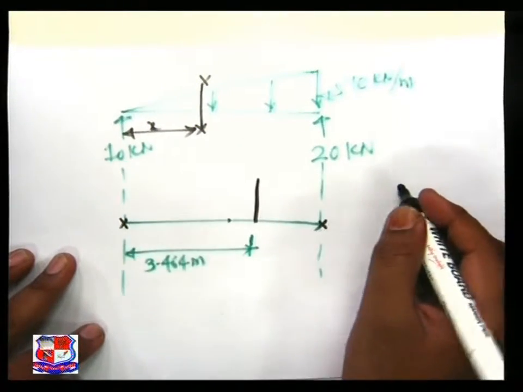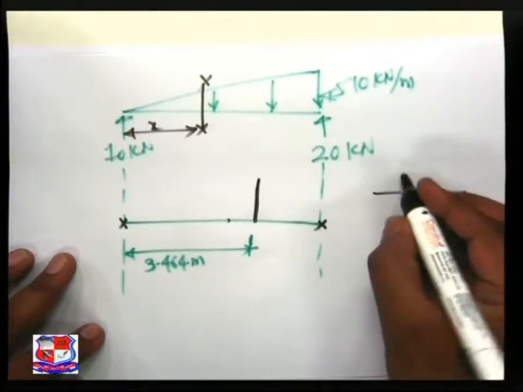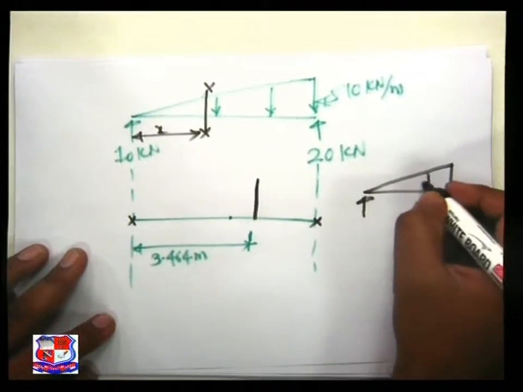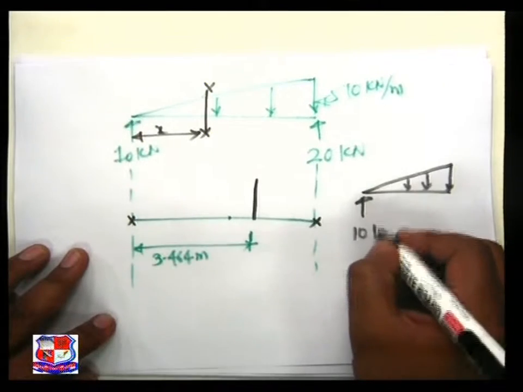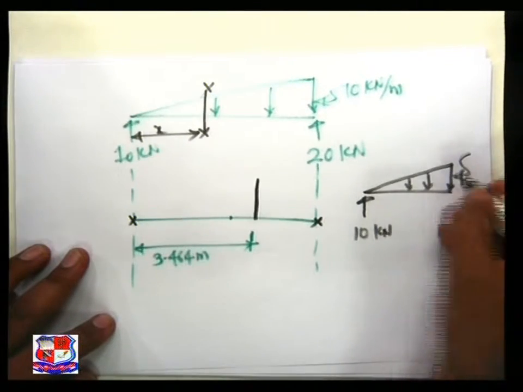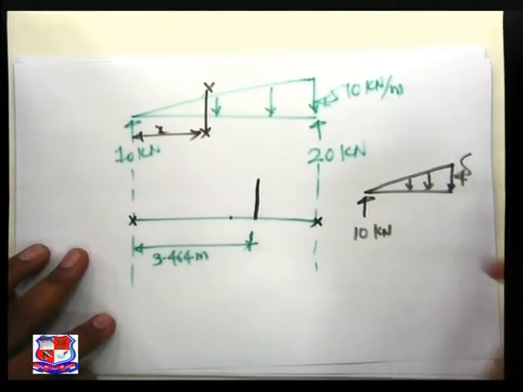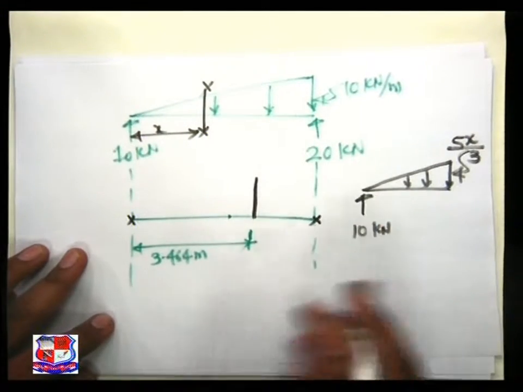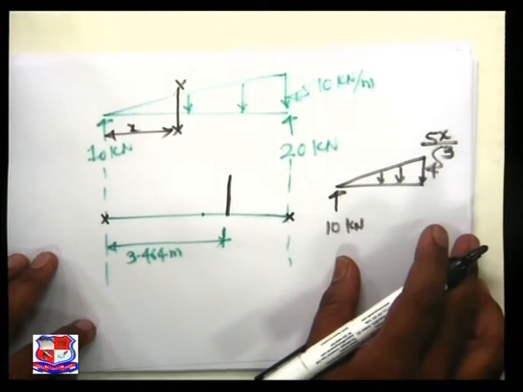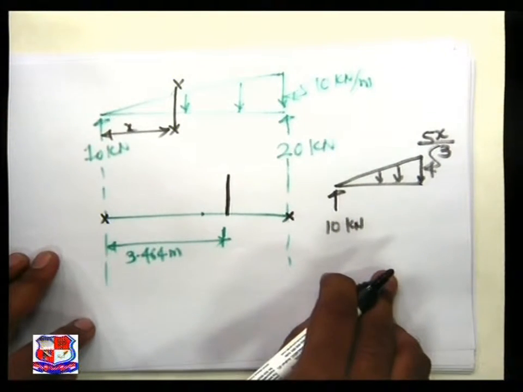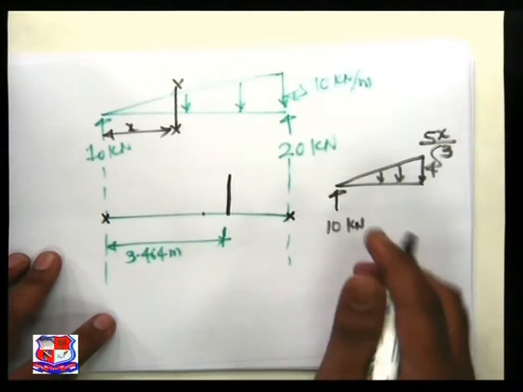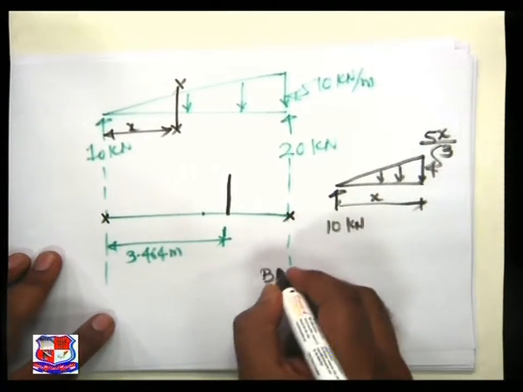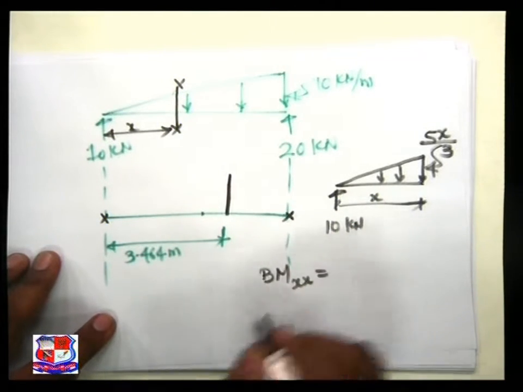We already have this diagram in case of shear force. This is of 10 kilonewton, and this ordinate that we have found out is 5x by 3, which we found while we plotted the shear force diagram. Now our intention is to find out the bending moment at x.